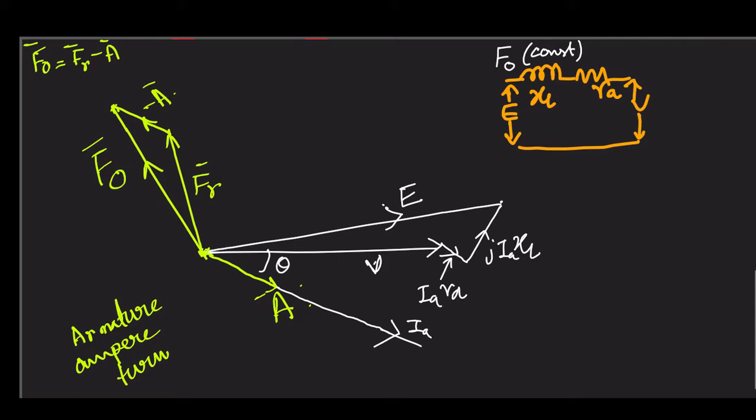Now, as we have assumed that our circuit is linear, obviously the MMF and induced EMF should maintain a proportional relationship. Like what I am trying to say, that these E and Fr are proportional.